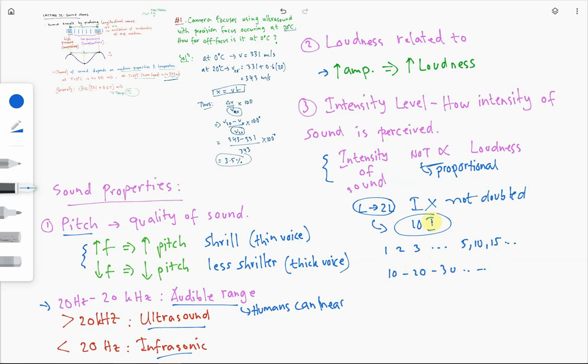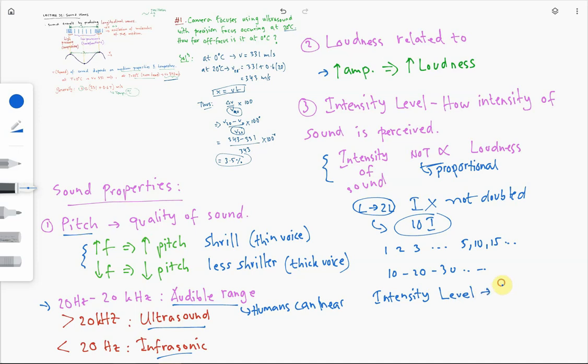So due to this, we define our intensity level for sound waves. This is measuring how the intensity is being perceived for specifically sound, and we call it intensity level.